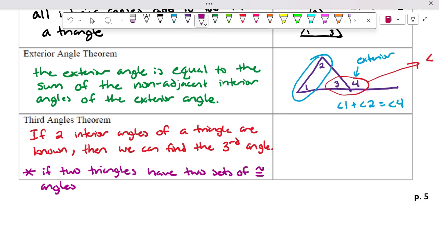So in other words, you have two pairs of congruent angles. Then the third set of angles are congruent.